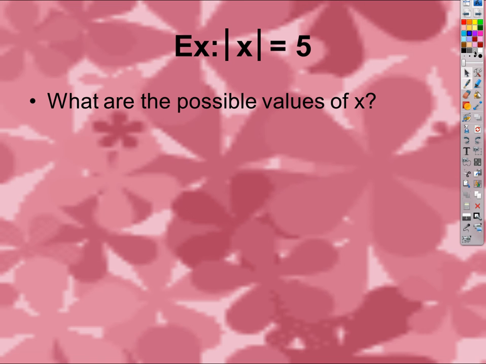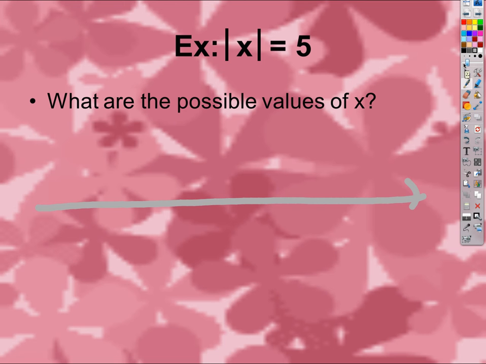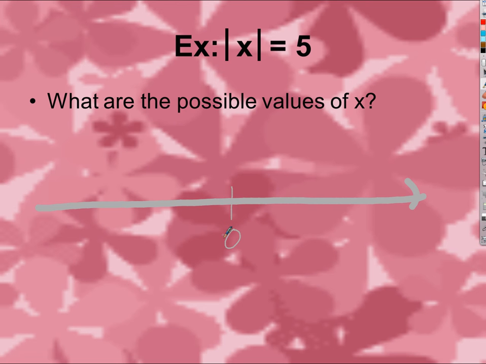So what are the two places on a number line? Okay, so if that's 0, what are the two places on a number line that are 5 away from 0? 5 and negative 5. Good.